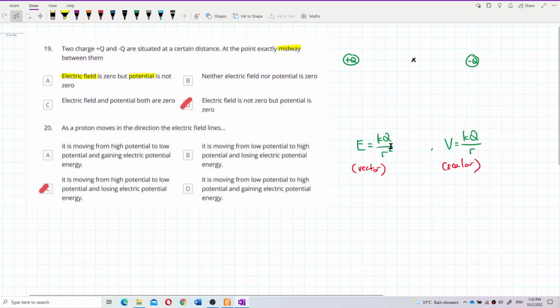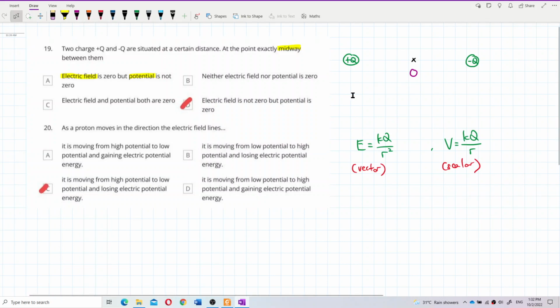So let's talk about field first. Electric field. I want to know the field at this point, at the center. Let's say I put this point as point O, the center O. First of all, let's talk about field.